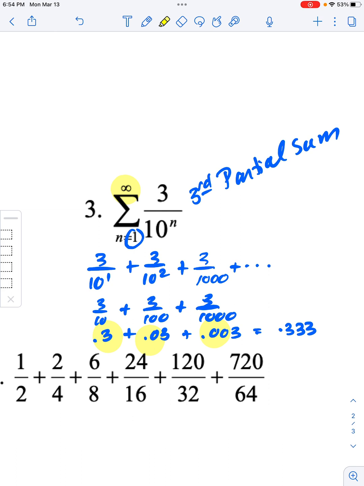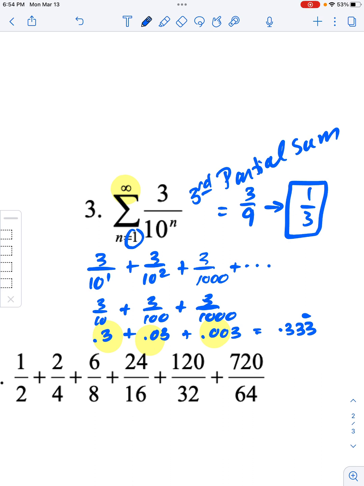Now, if you keep going, it's going to keep going. So this is going to generate 0.3 repeating, which we talked about yesterday. Anytime you have that repeating number, it's going to be that number over 9, which in this case would reduce. So then I can get that sum as I go.